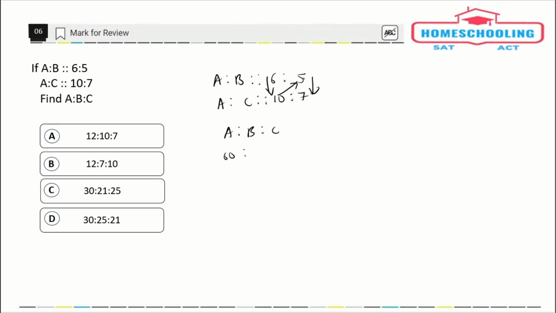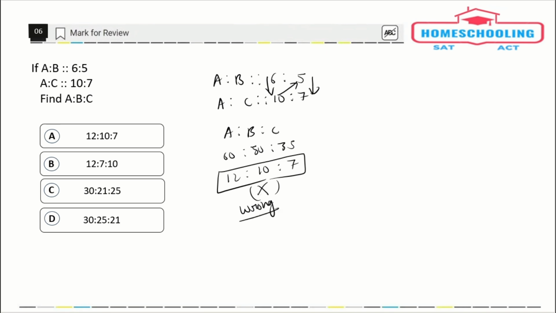B would be 10 into 5, 50, and 7 into 5, 35. C would be 7, so this one would be 12. If you factorize all of them by 10, you get 12 into 5, 60, 10 times, and 7 times. If you got this answer, then your answer is wrong.